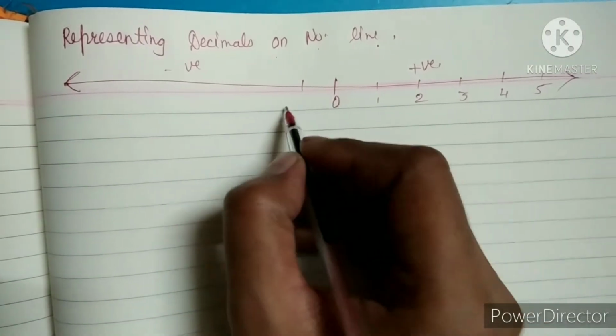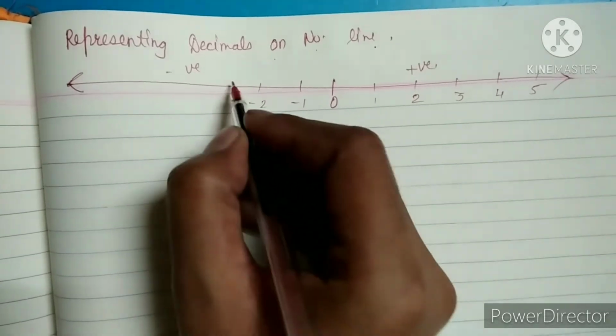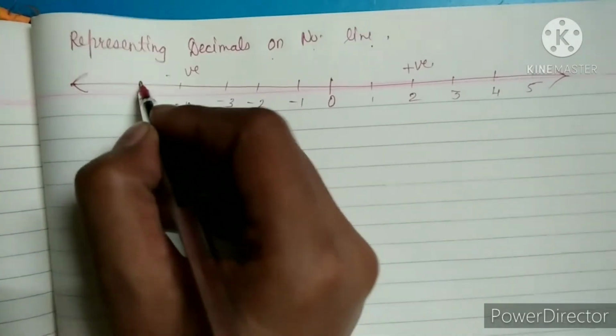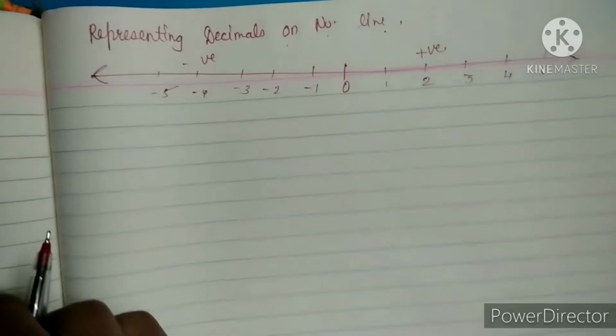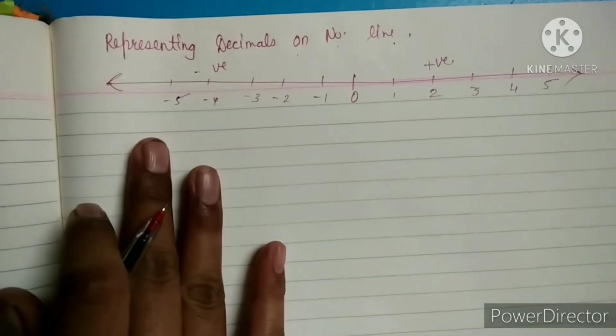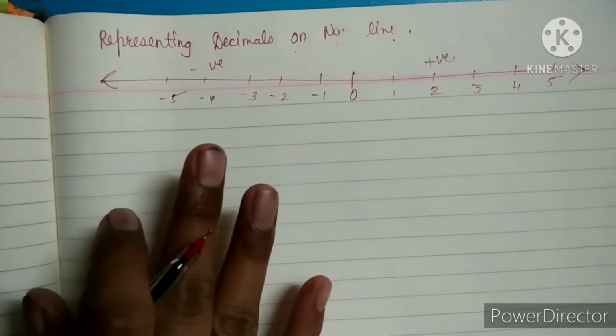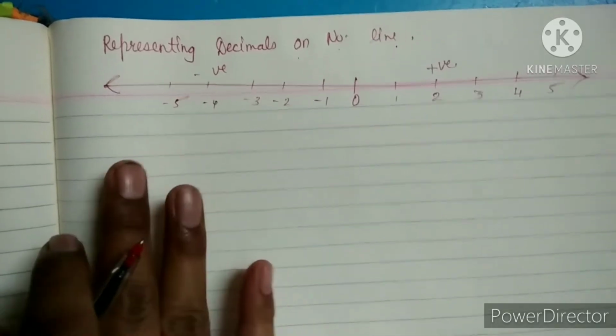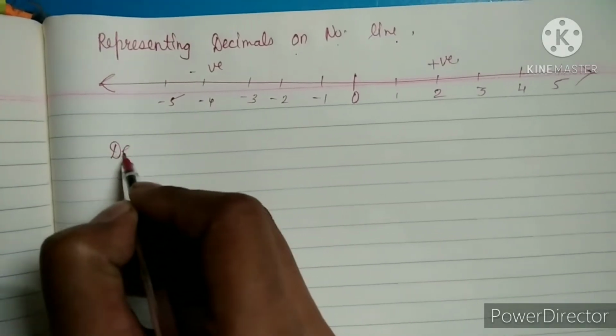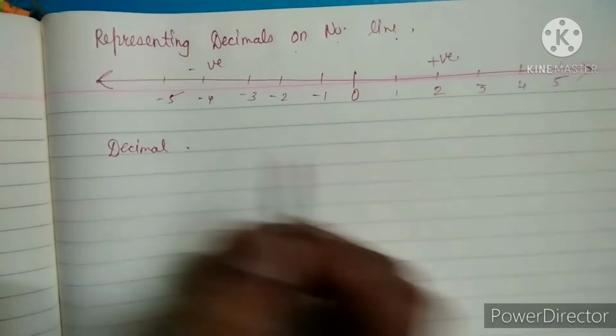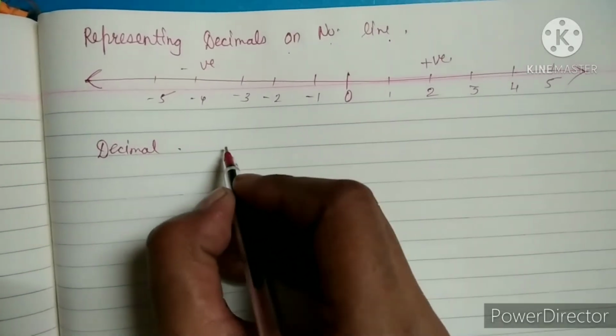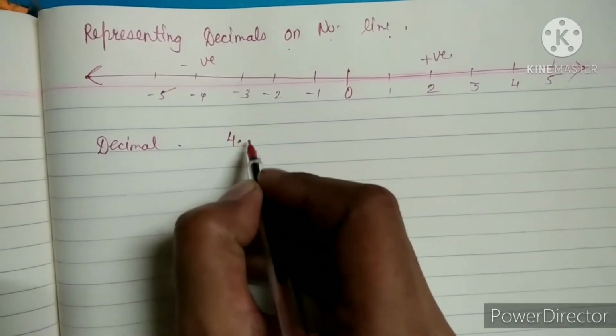On the left-hand side of 0 we have negative 1, 2, 3, 4, 5 and so on. But we are learning decimals in this chapter, so we will show decimals on a number line. Any value we can take. Firstly, I am taking 4.3.